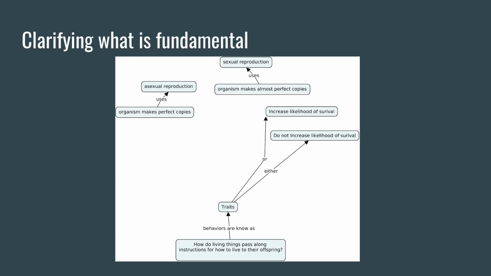But I started to really deal with what are the fundamental concepts about genetics. And so you'll see there's a question: how do living things pass along instructions for how to live to their offspring? What we're talking about in terms of how to live is all represented by traits.